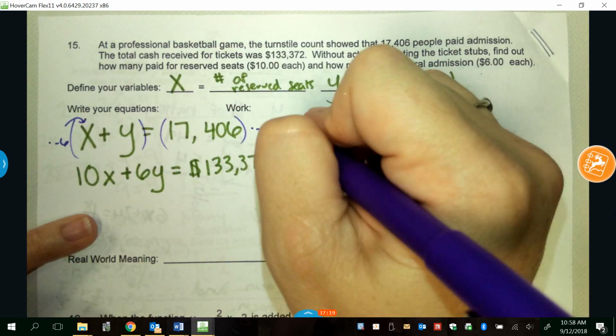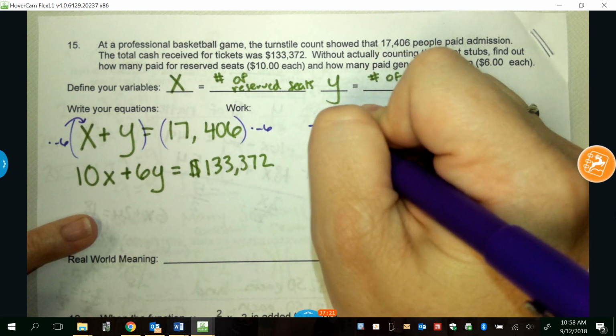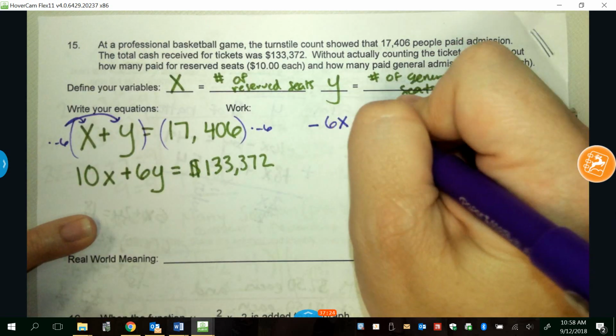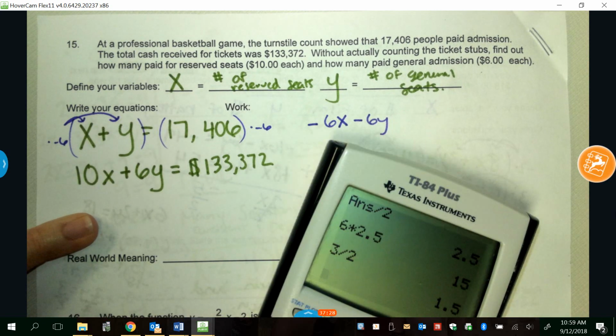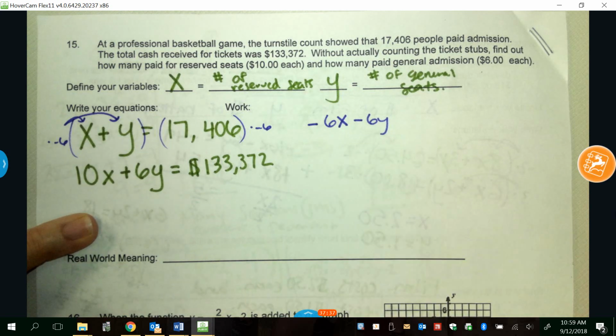Negative 6x minus 6y equals, that's a big number, 17406 times negative 6, so 104,436.